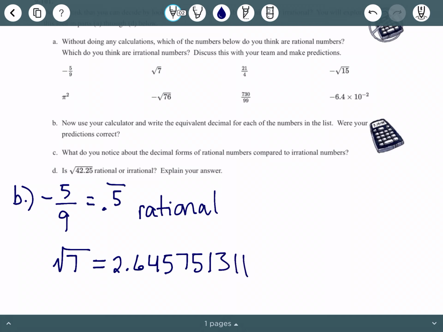And at that point, that's where my calculator screen maxes out as far as digits. But if we look at these digits that come after the decimal point, you'll notice that there's no pattern, there's no repeats. So this is an example of an irrational number.